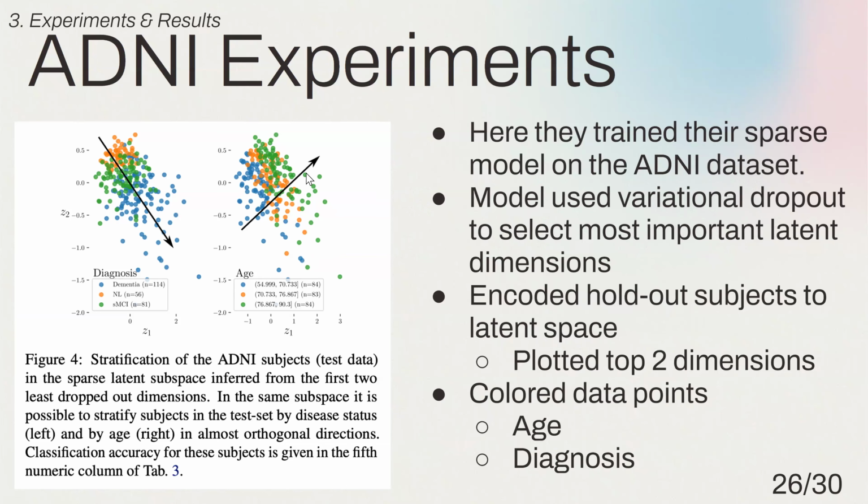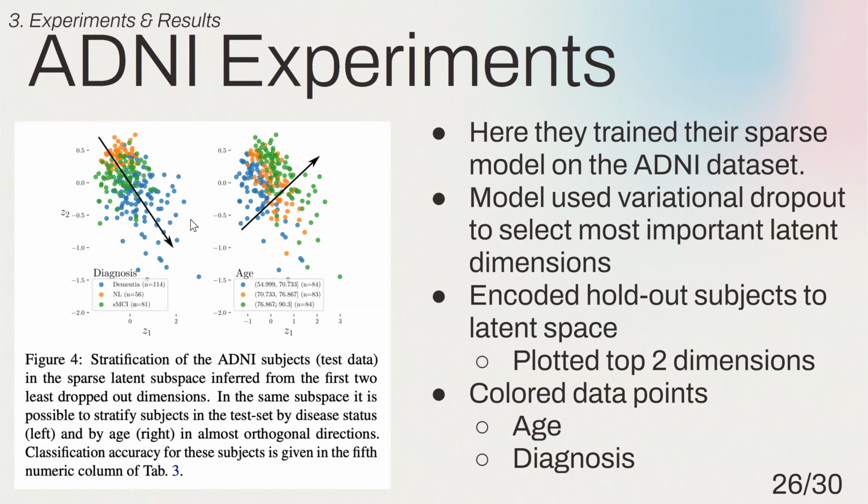Now, what they did here is they took the holdout data set, and after they trained the encoder, they mapped it down to the lower dimensional space. And then they plotted the top 2 most important dimensions. So that means plotted the 2 dimensions with the lowest dropout rate.